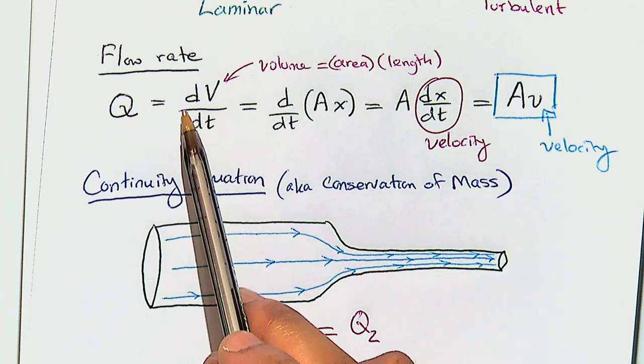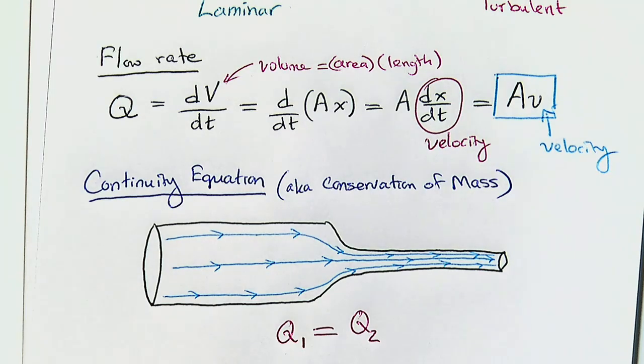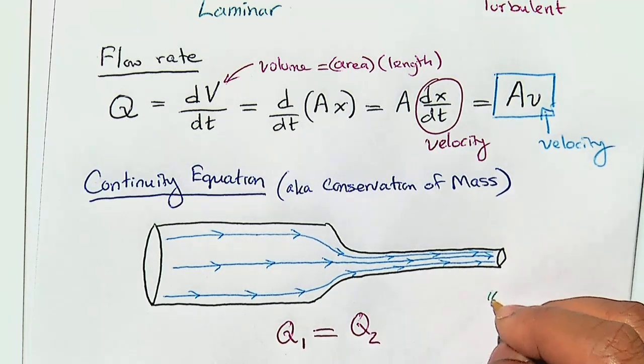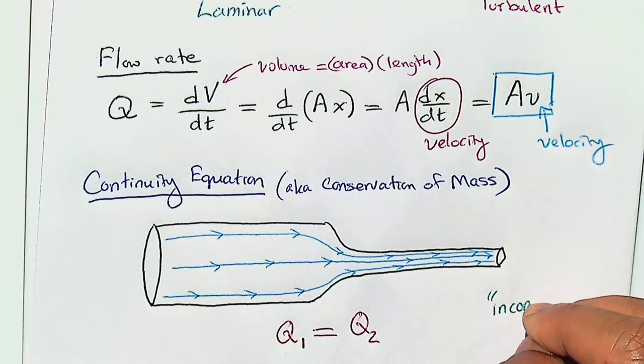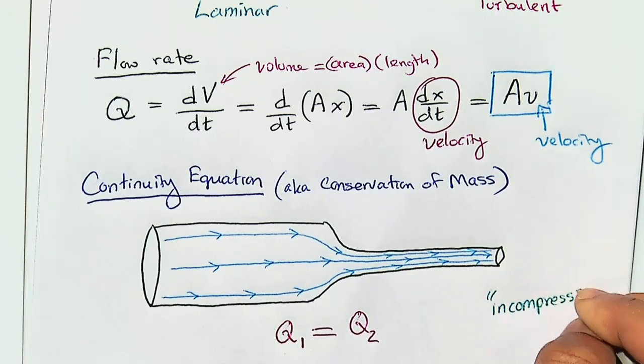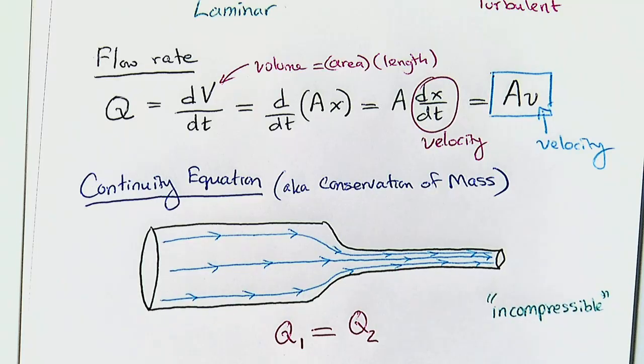There's a certain volume per time going through this area, and that same volume must come out of the other side. One of the assumptions made here is that the fluid you're considering is incompressible. You can't squeeze it and change its volume.